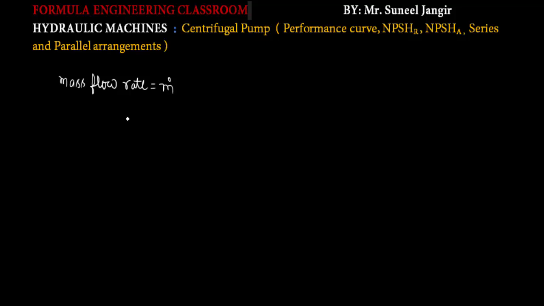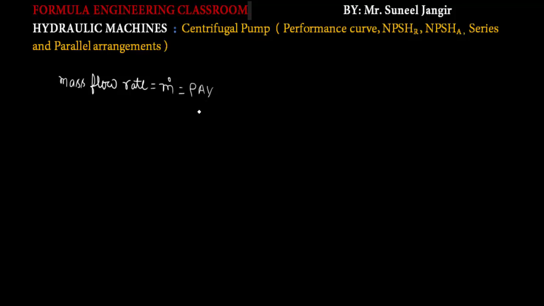This is the mass flow rate of fluid flowing through the centrifugal pump. We can write m dot is equal to rho, the density of the fluid flowing through the pump, times the cross-section area, times the velocity. So this is the mass flow rate.